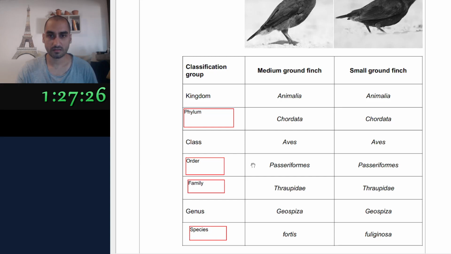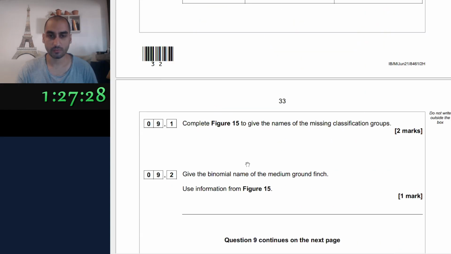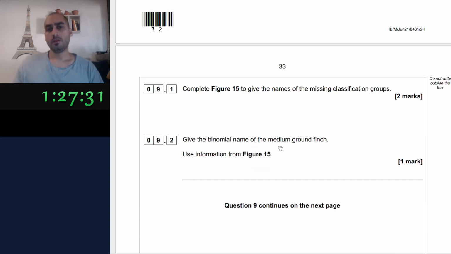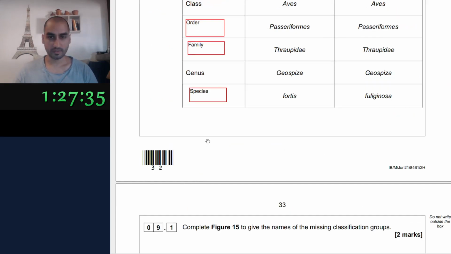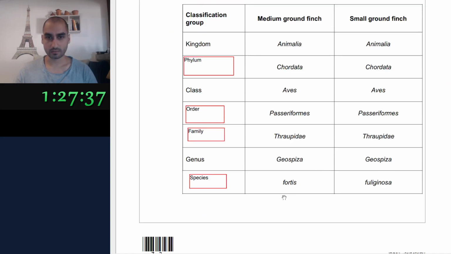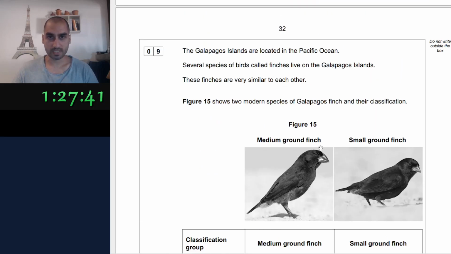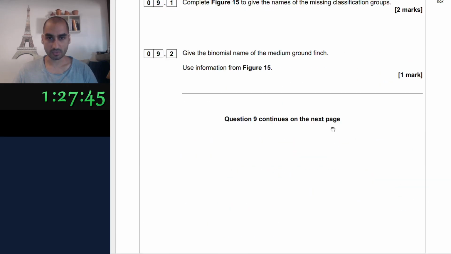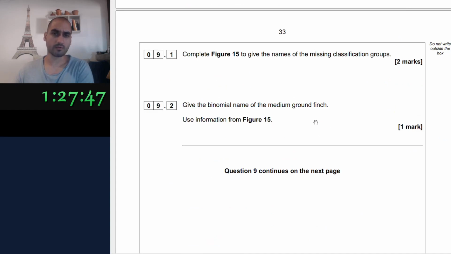Binomial means like separating into two, so it's at the species level. They are different species. They said that in the description.